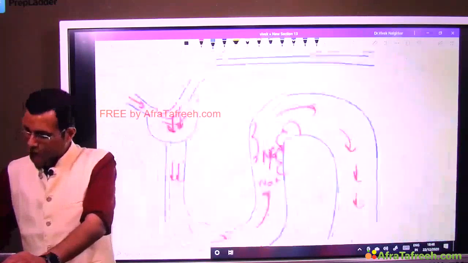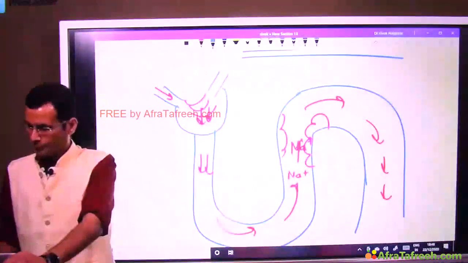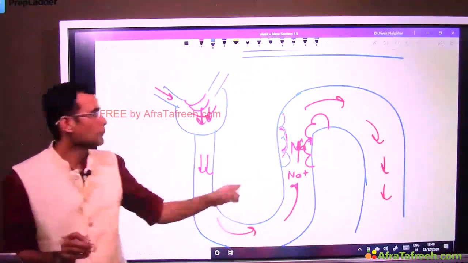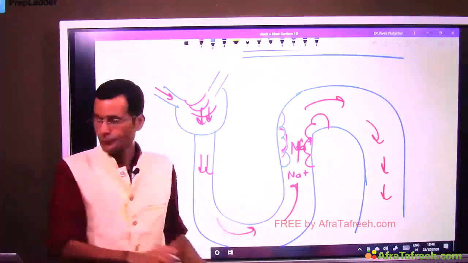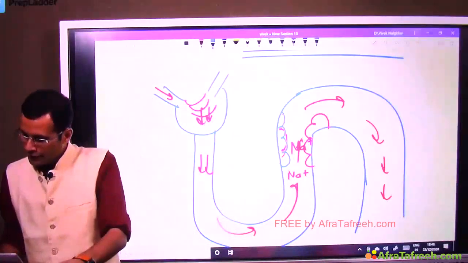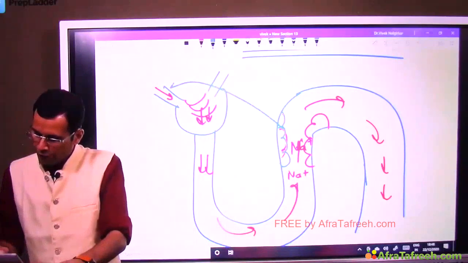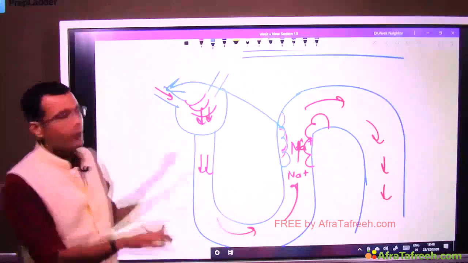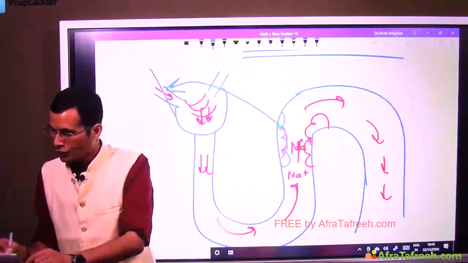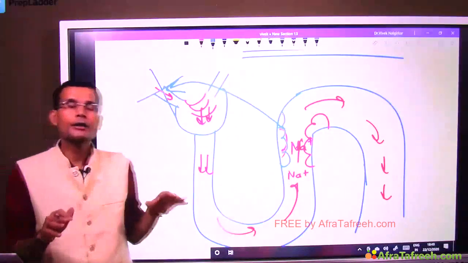Now this adenosine, which is formed here during the reabsorption of sodium and the ATP breakdown, will go to the afferent arteriole and it will cause constriction of the afferent arteriole.